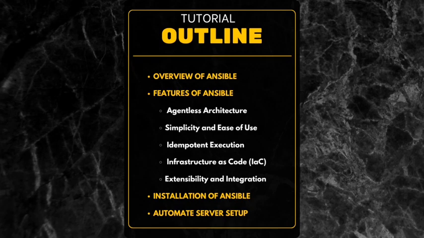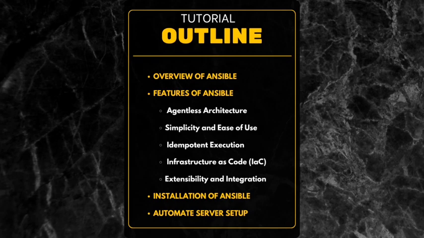I will also be walking us through how to install Ansible on various operating systems. And lastly, we will be automating our setup in the cloud with Ansible. So we will be replicating and improving on our previous tutorial where we set up a Linux server in the cloud, this time using Ansible to automate the whole process and the whole setup. So let's continue.